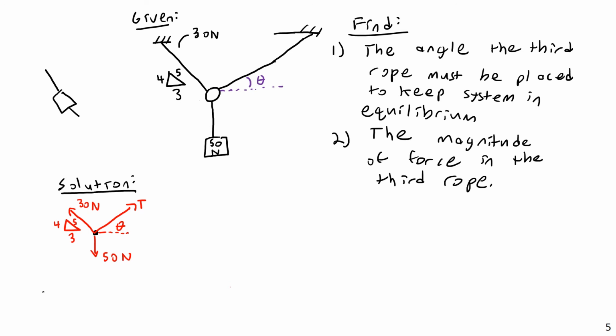Think about this. If I'm looking at this triangle, and here's the theta, and it's a 3, 4, 5 triangle. Now, I could get the x component by multiplying by the cosine of theta. If I wanted the x component of the 30 newtons, I could multiply 30 newtons by the cosine of whatever the theta is.